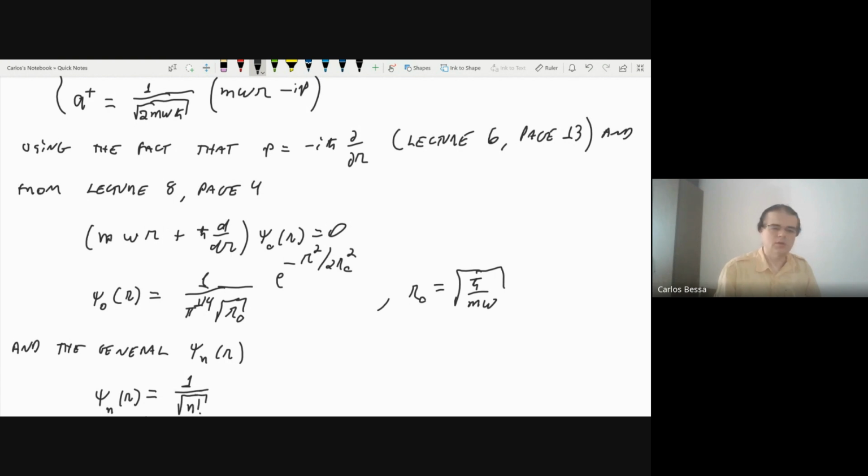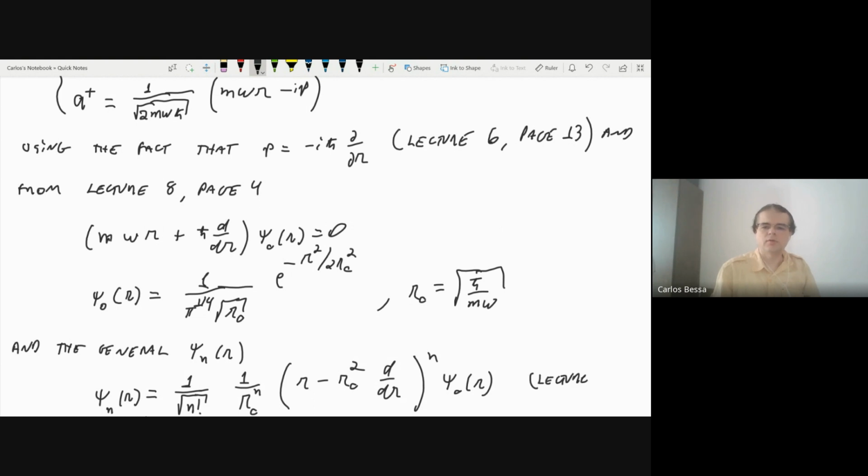In fact, 1 over R0 to the n, and this minus R0 d/dR to the n psi 0, where psi 0 is this guy. Okay, so this is basically lecture 8, but it's page 5. You can review these things, okay?